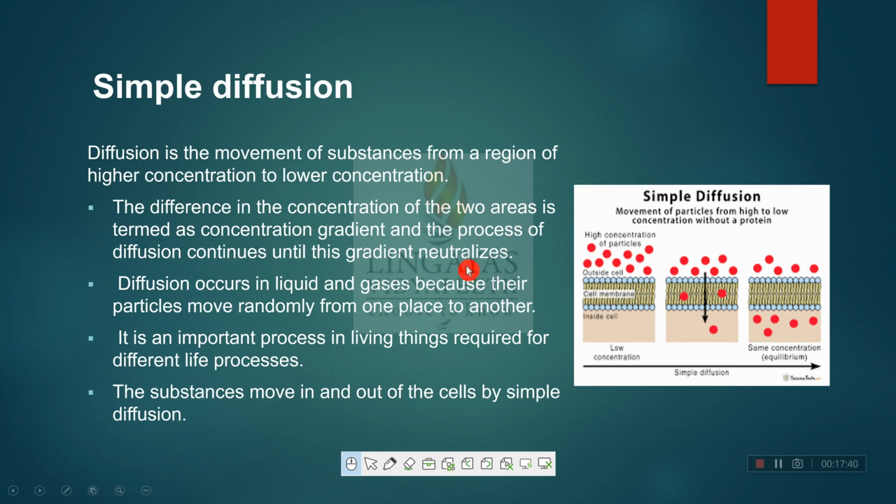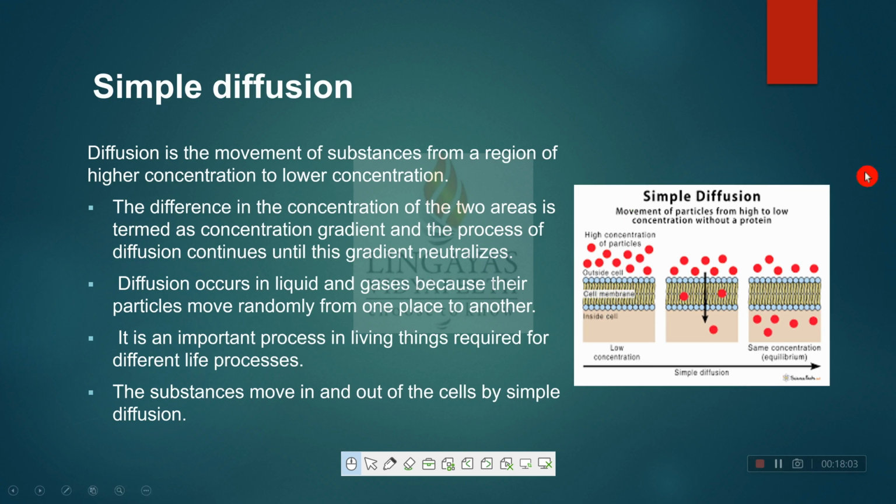Diffusion occurs in liquids and gases because their particles move randomly from one place to another, because these molecules are not tightly bound and have the capability to move randomly. It is a very important process which is required by all living organisms throughout their life processes.